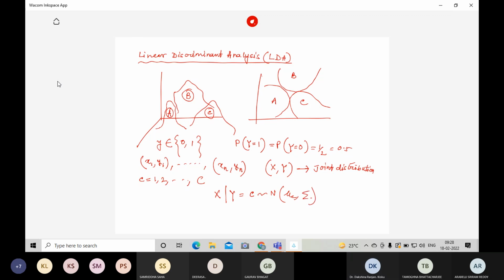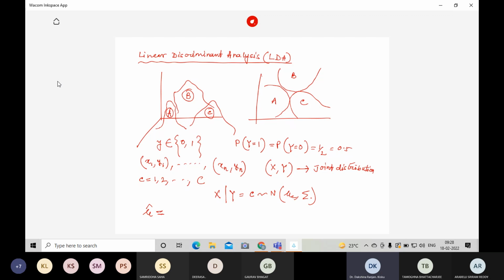Okay, so the feature vector x, when y is given, that is, when the class information is given, follows the normal distribution N(mu_c, sigma). From here we can determine mu.